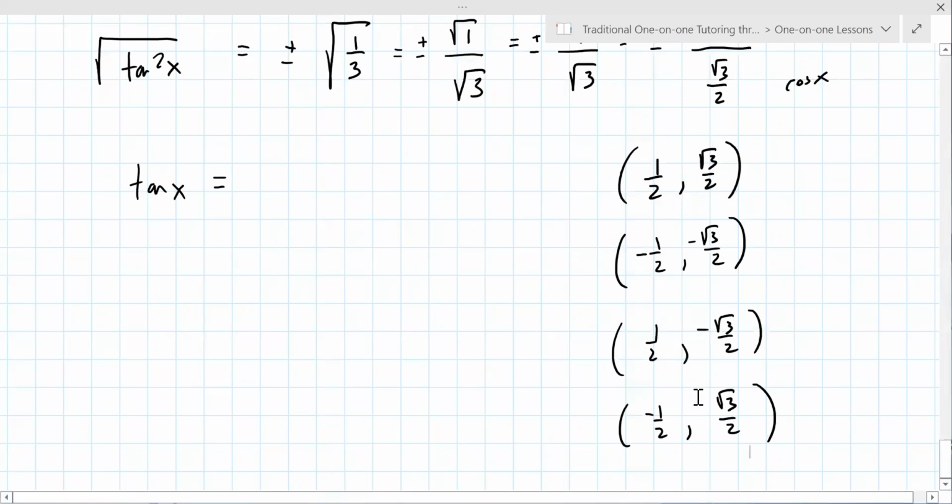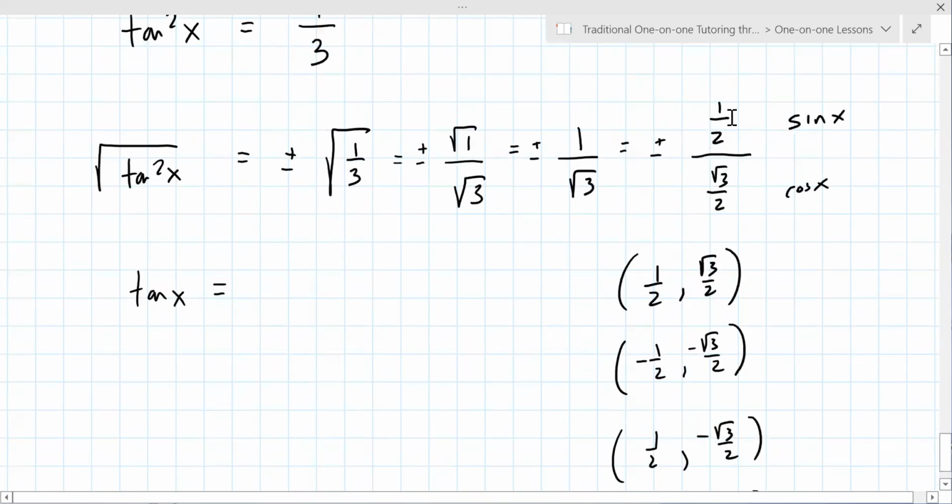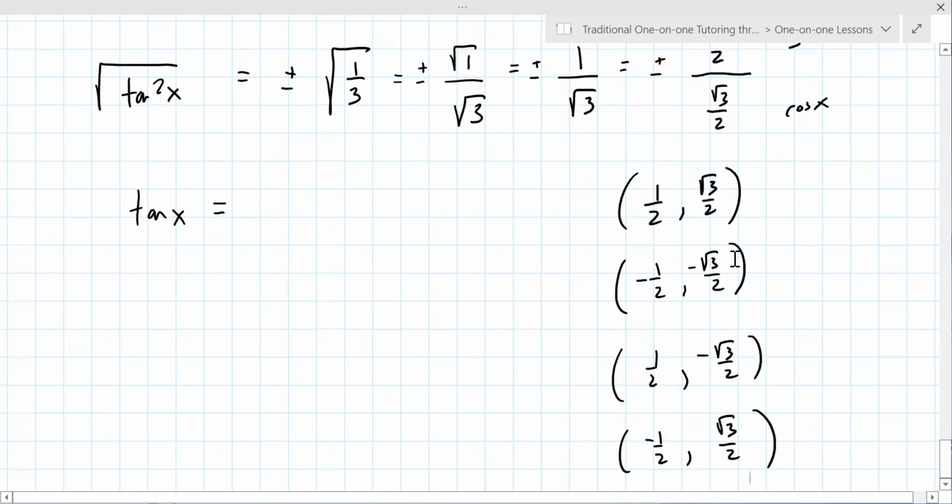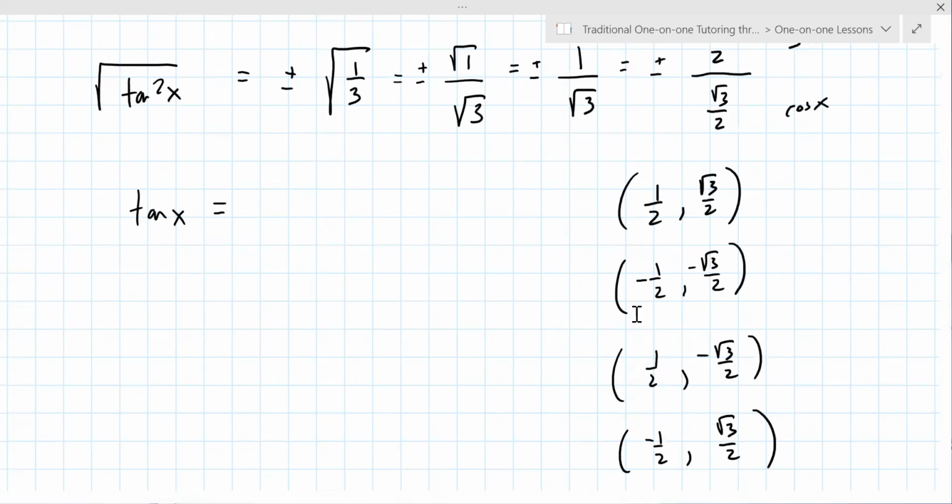Would this be easier than trying to figure out where, looking at the numerator and denominator? Yeah. Okay, so I'm going to recommend we do this now for future problems. It will really help you to figure out where this place is on the unit circle.